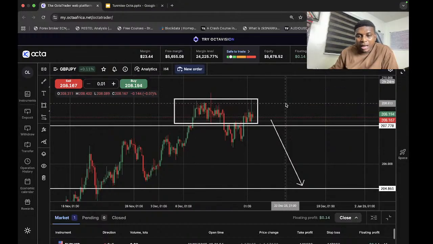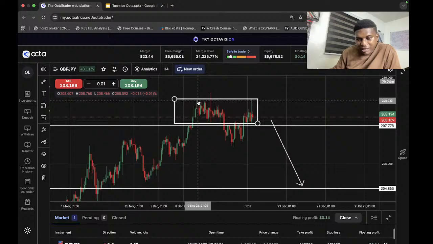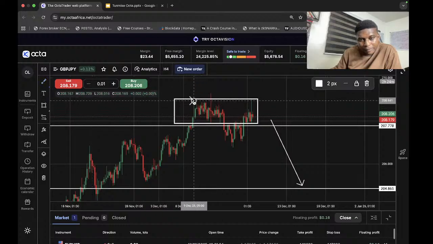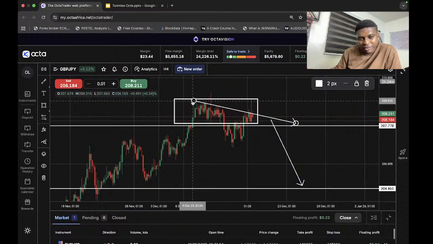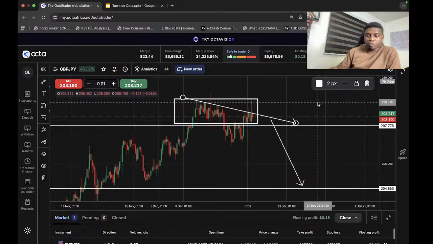consolidating here. One interesting thing to note is that there is a slight decline. If you observe the trend, there is a slight decline in the way price is moving.